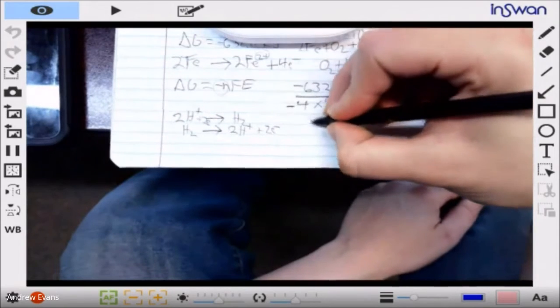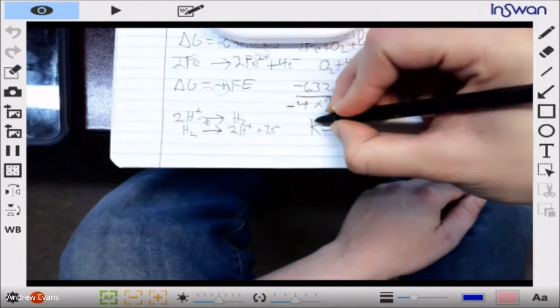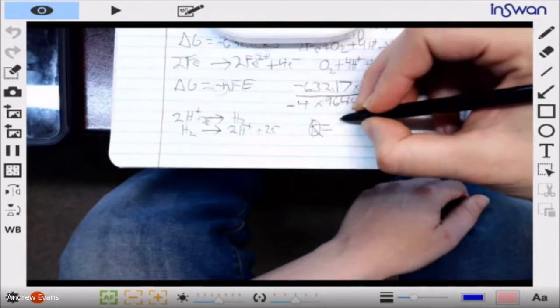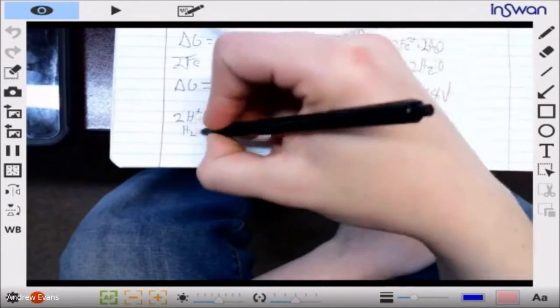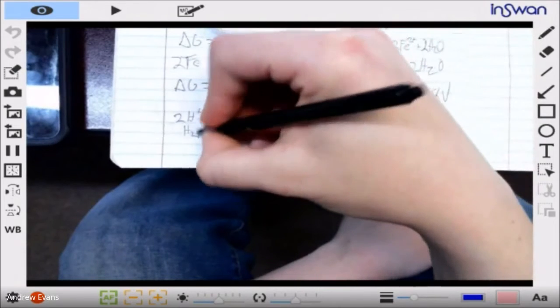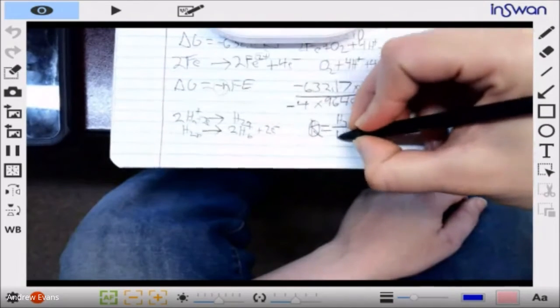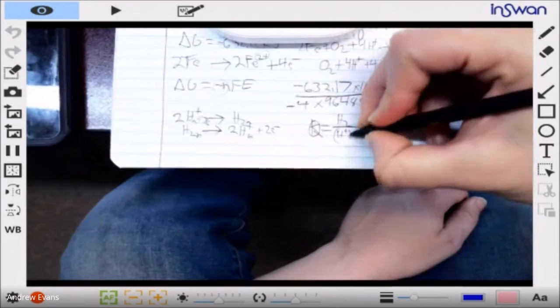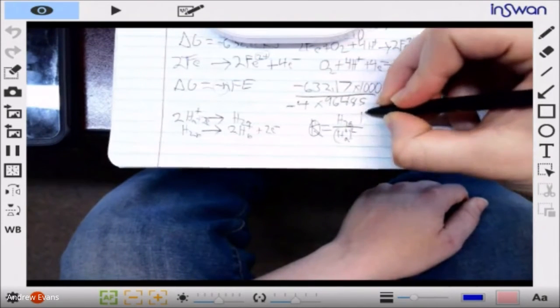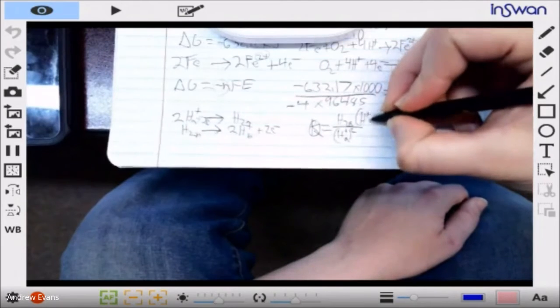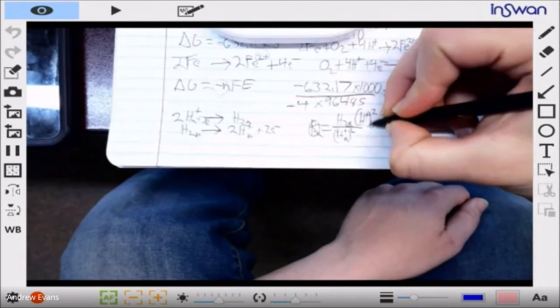So our K expression, or our Q expression, is going to be what? H2, we'll call that A, and that B, H2 over H+ squared, and H+ squared over H2.